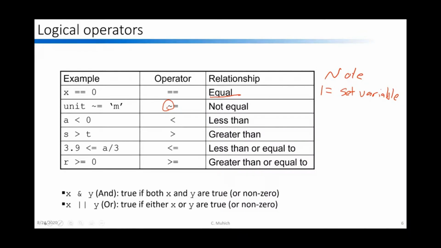So we can use the ampersand for and, or these double vertical lines, which are just to the right of the bracket sign on your keyboard, to stand for or. In this way, we can string multiple of these logic operators together to make more and more complex cases that we may want to look at.